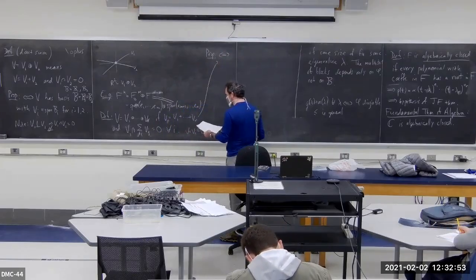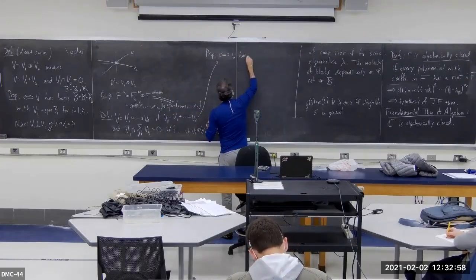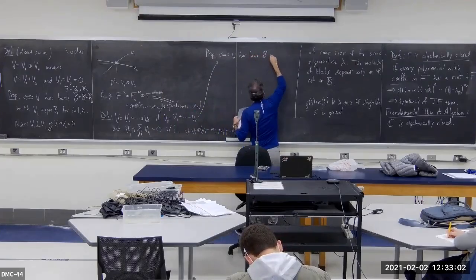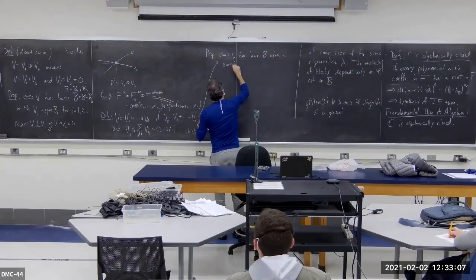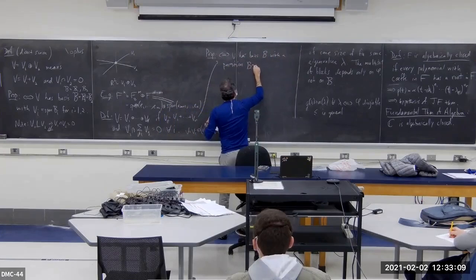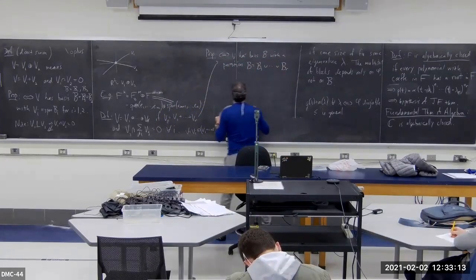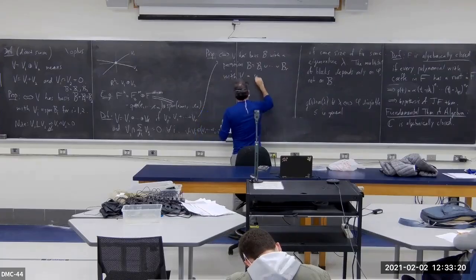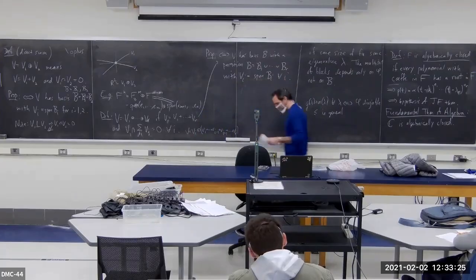V is the direct sum of V1 up through VR if and only if V has a basis B with a partition B is B1 union through BR, with Vi the span of Bi for all i.